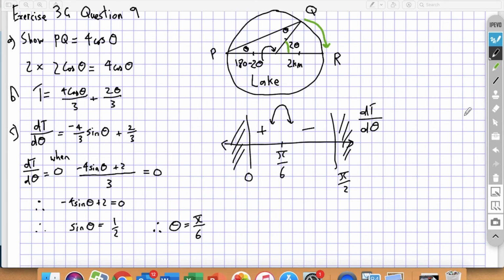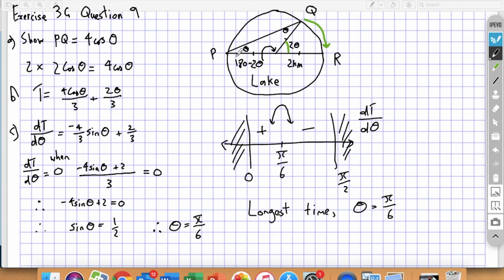So, this actually brings us on to the last bit of the question, E. It says, what route should Hugh take to travel from P to R in order to get the longest time? Right, the longest time is when theta was an angle of pi on 6.